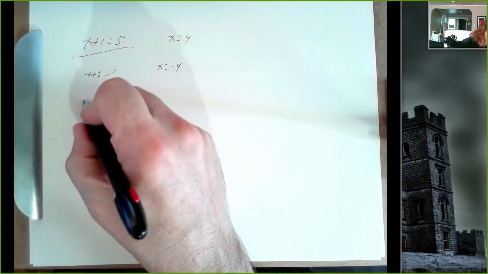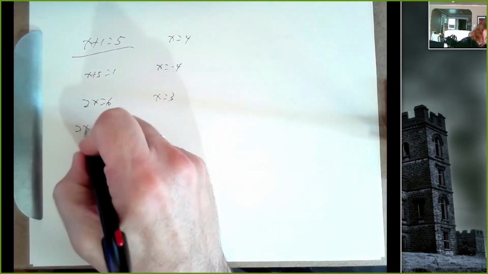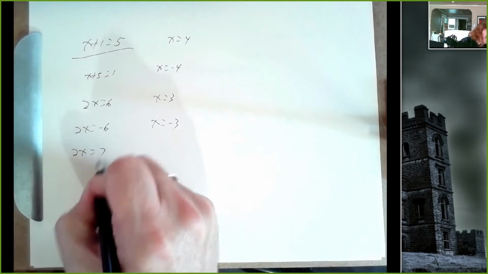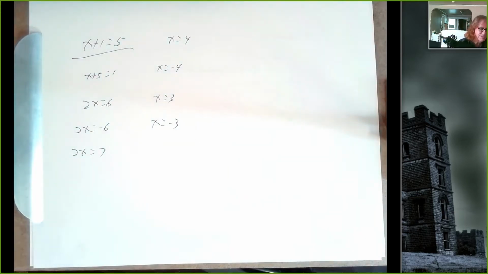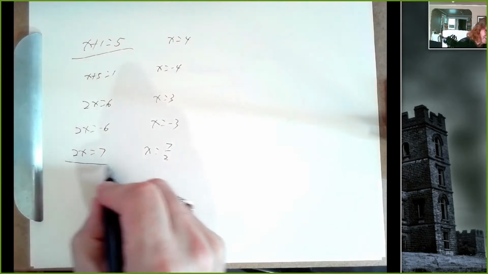And now if I write something like 2x equals 6, I can solve that. And 2x equals negative 6, I can solve that. But 2x equals 7, I can't solve that with integers. Suddenly I need to come up with fractions. And I might have fractions in my universe now.